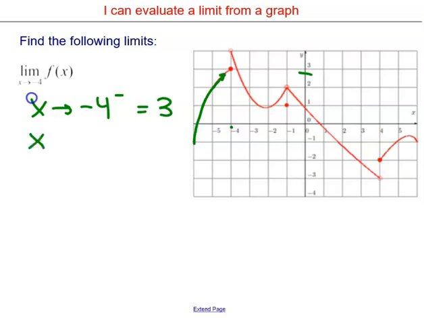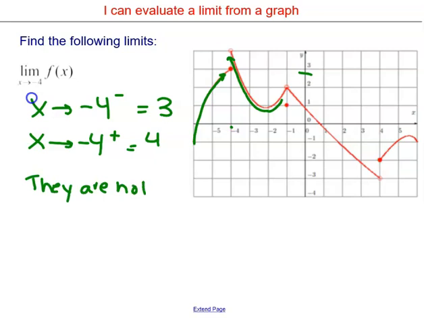What happens as x approaches -4 from the right? As it comes from the right, it looks like it's approaching 4, actually, but it goes all the way up to 4. So in that case, because they are not the same, this does not exist.